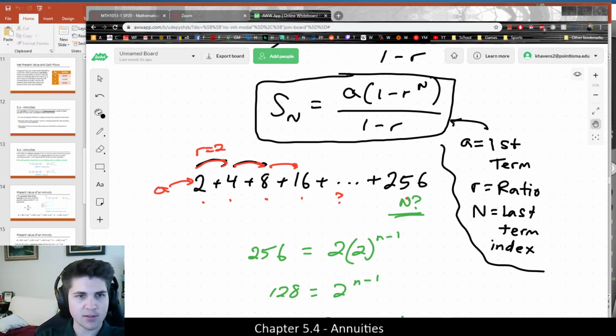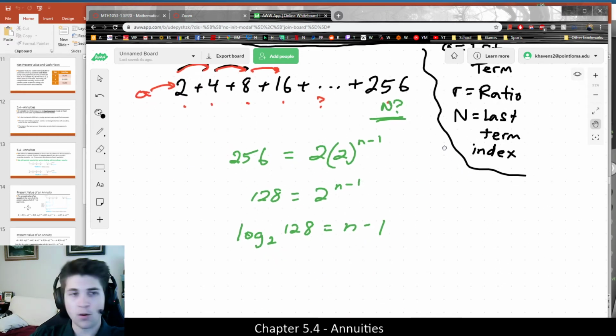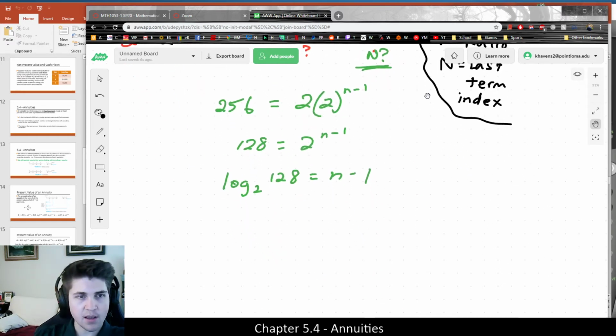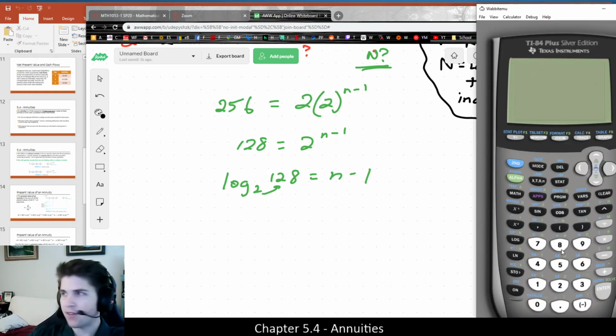because that would cancel base 2, as we know for solving exponential equations. Log base 2 of 128 should be what exponent I need to take to get to 128, which I believe is 7 if I had to guess.